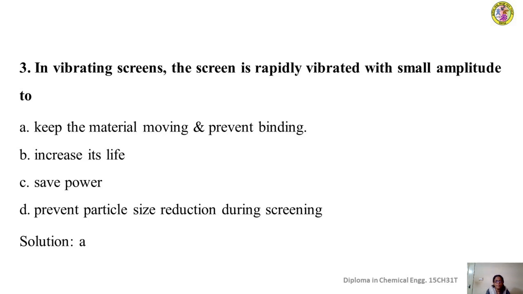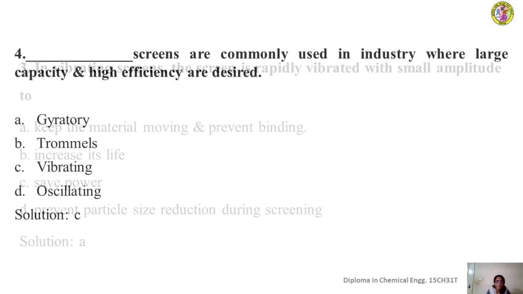The main objective of providing vibrations is to keep the material moving and prevent binding. So that is the main application of a vibrating screen. So the first option is the right option for the question.